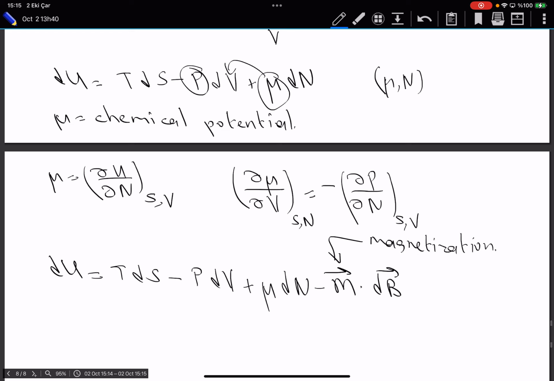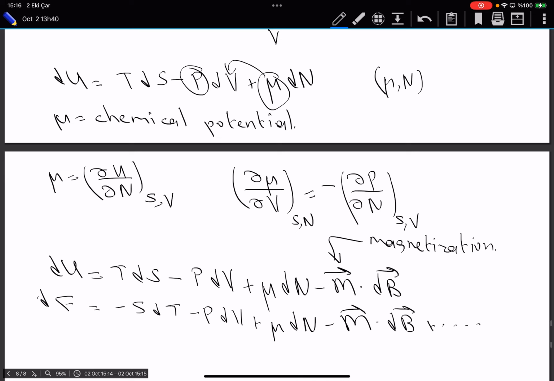Of course, you can write the same thing for the free energy. If you like, you can put an electric field, then it will be the electric dipole moment of your system, etc.